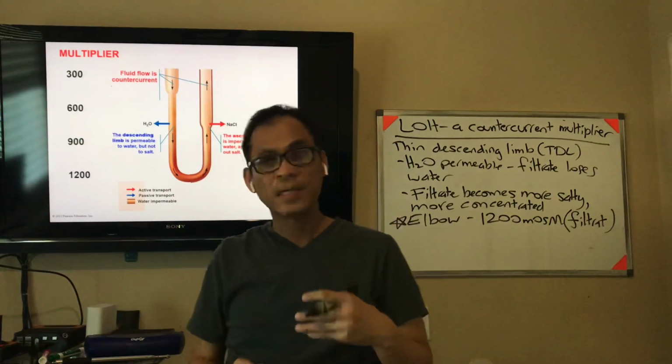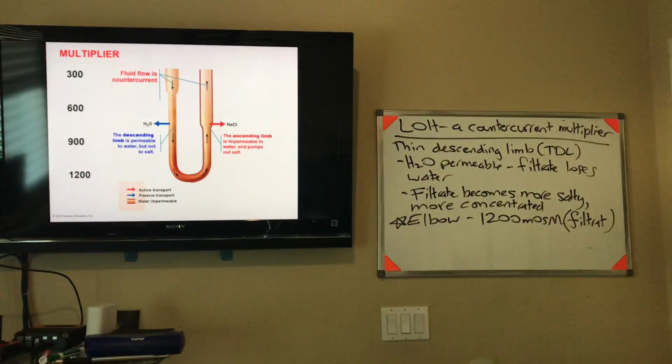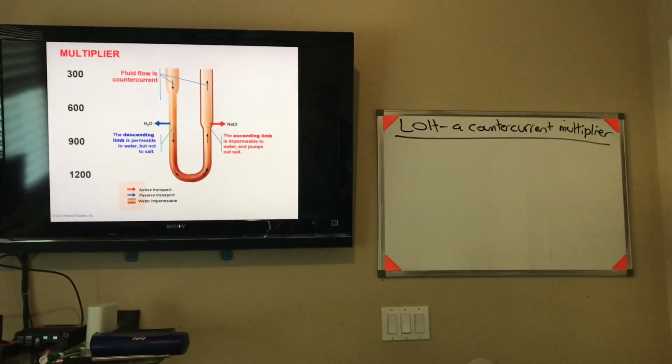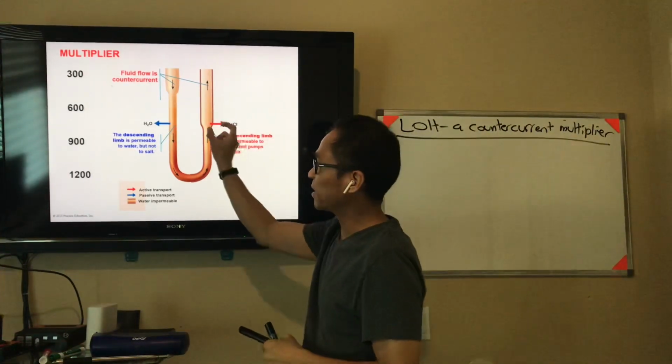Now this ascending limb is different. Something different happens. So in this ascending limb, specifically, let's talk about where it gets thicker.